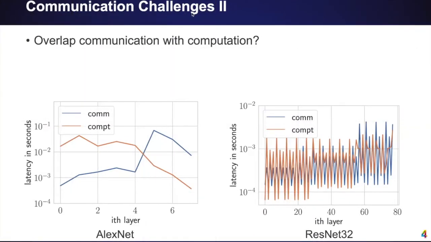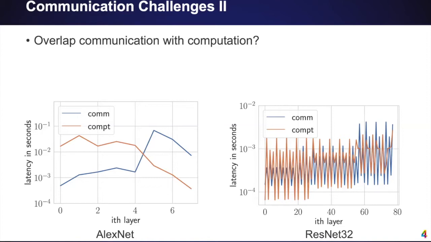Since the cost of communication is huge, some people may ask, how about overlapping communication with computation? And it is a widely used technique in HPC. To answer this question, let's look at these two figures. The figures show the cost of communication and computation of AlexNet and ResNet of every iteration.